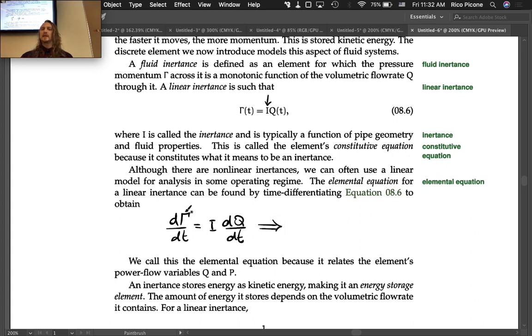Gamma is the integral of the pressure power flow variable, so if you take the time derivative of it, you get the pressure back. So we get dQ/dt equals 1 over I times the pressure. We call this the elemental equation because it relates the element's power flow variables Q and P.